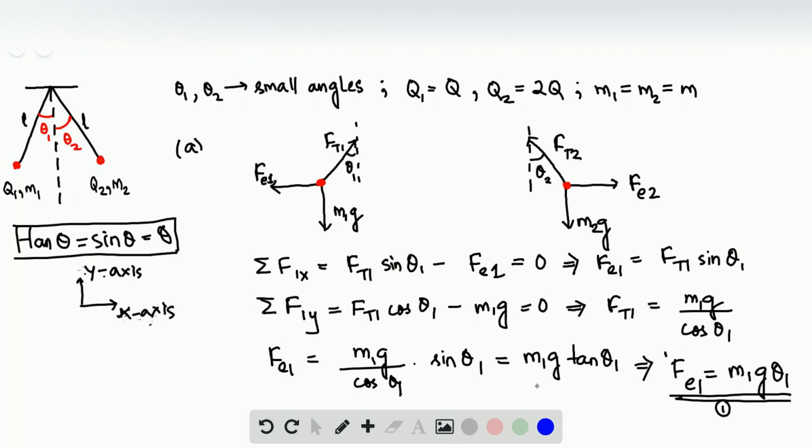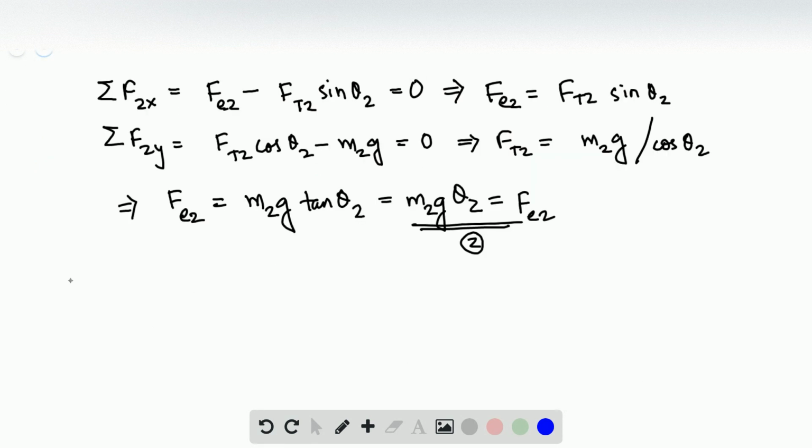That means Fe1 should be equal to Fe2, and this should be equal to K Q1 Q2 over d square, where d is the distance between the two masses. Now let's use this equation Fe1 is equal to Fe2 in our case.